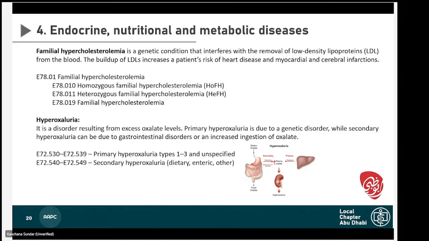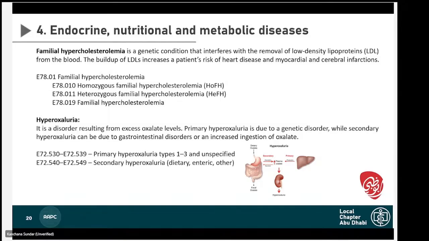So you see that familial hypercholesterolemia is further divided into homozygous familial hypercholesterolemia and heterozygous familial hypercholesterolemia, and others as well. So that's about familial hypercholesterolemia. And the next one is hyperoxaluria. So what is this hyperoxaluria?